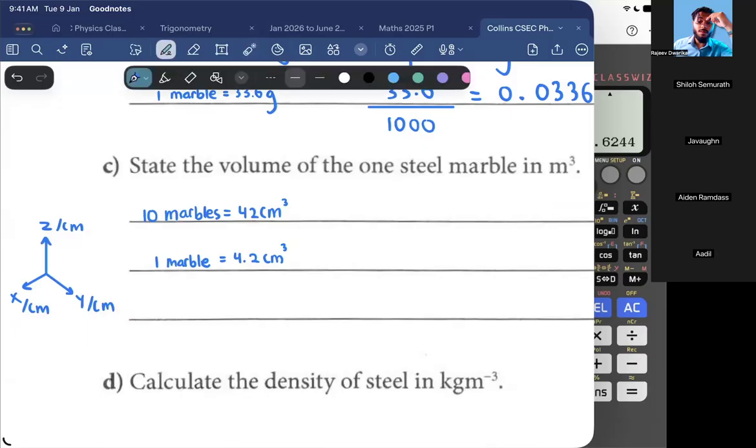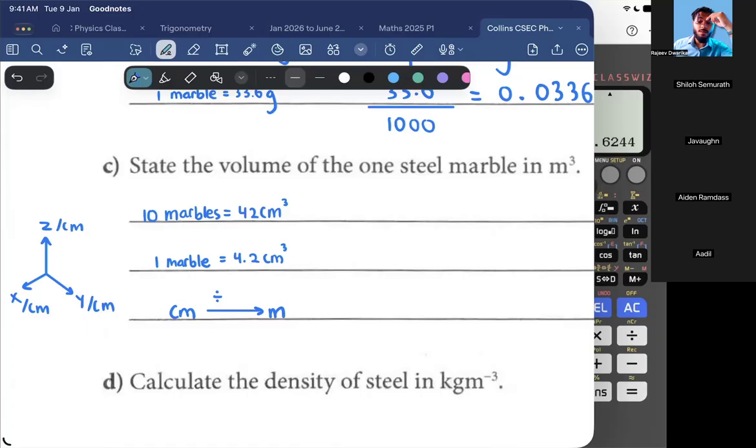So, first of all, how do I convert centimeters to meters? I would divide by what? How many centimeters make up 1 meter? 100. Right. So Javon, I would divide a centimeter by 100.